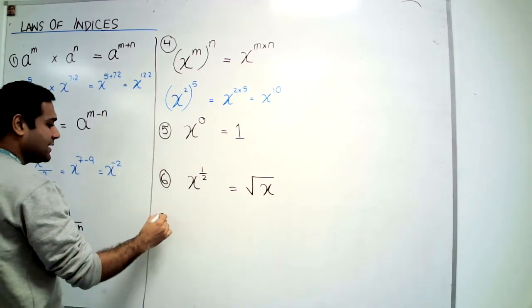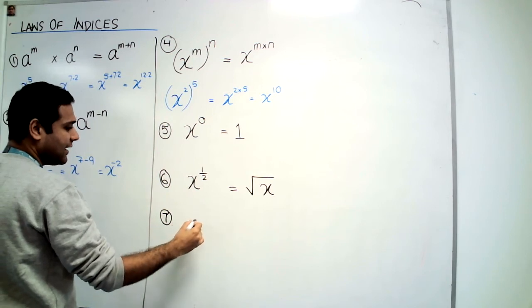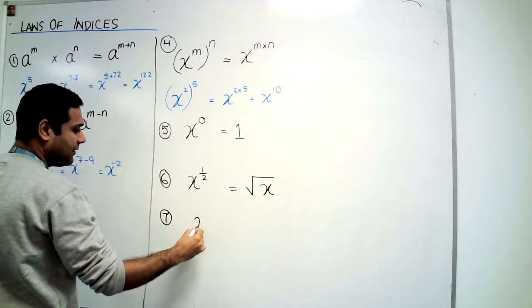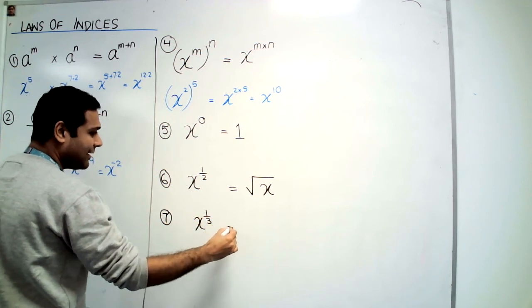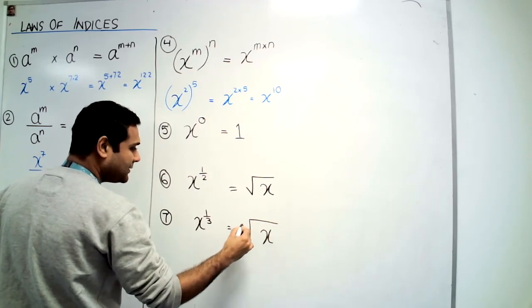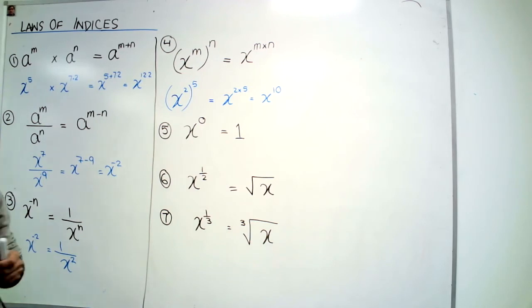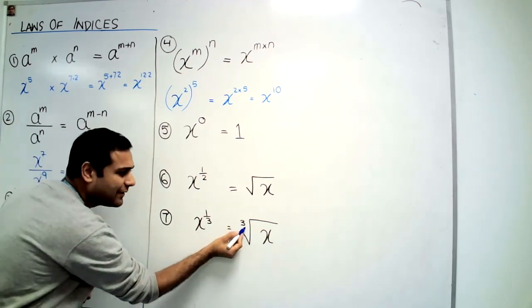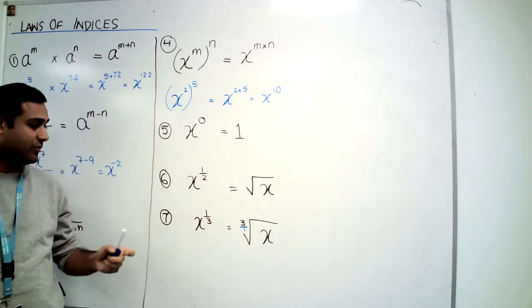If I got x to the power 1/3, this is same as cube root. There is a missing one here, which we can't see. There is actually a missing one, but 3 over 1 is just a 3. But that's how we write.